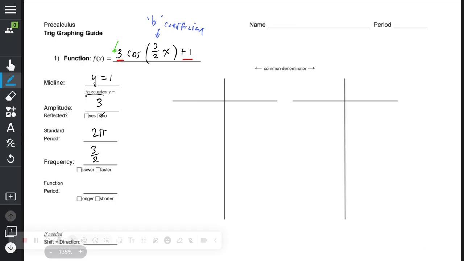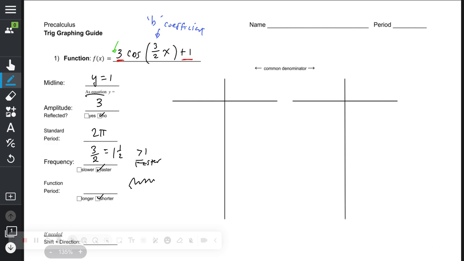Now, is this faster than normal or slower than normal? 3 halves is 1.5. If it's greater than 1, it's faster. It's speeding up. Okay? Which means this function is going to be shorter. When the frequency is quite fast, you're going to have shorter periods.